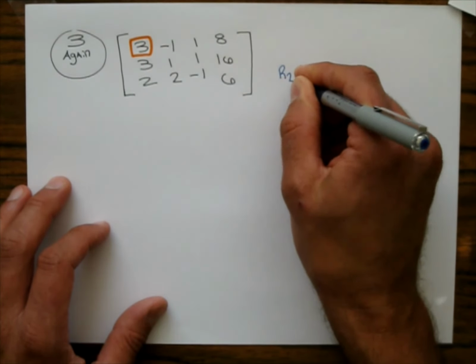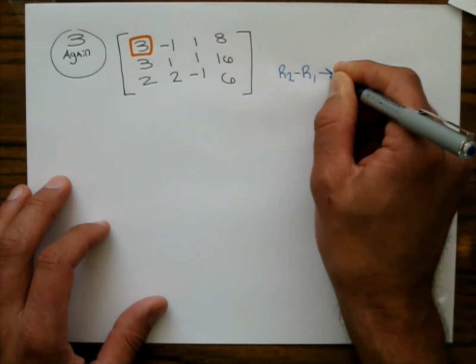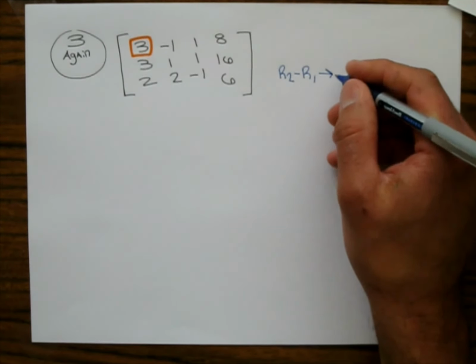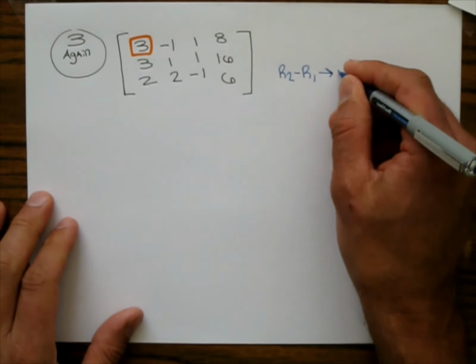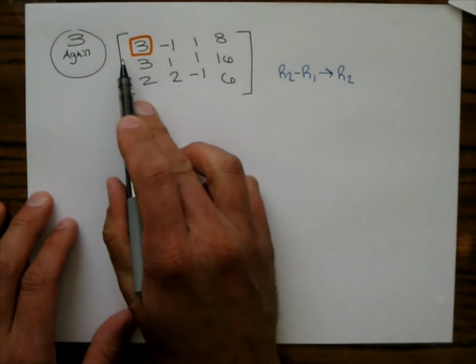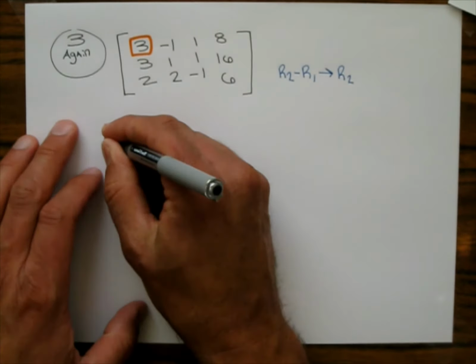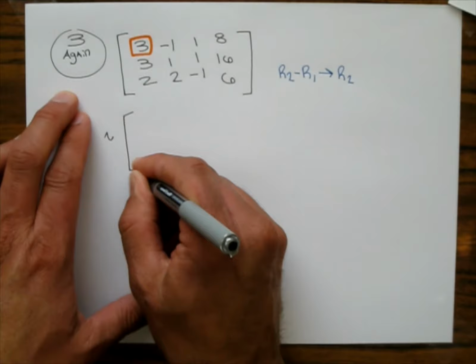Row 2 minus row 1 gives me a new row 2. So you could say I multiplied row 1 by -1 and then added that to row 2. Maybe I should have said that. And so what does this give me? I'm going to keep row 1.